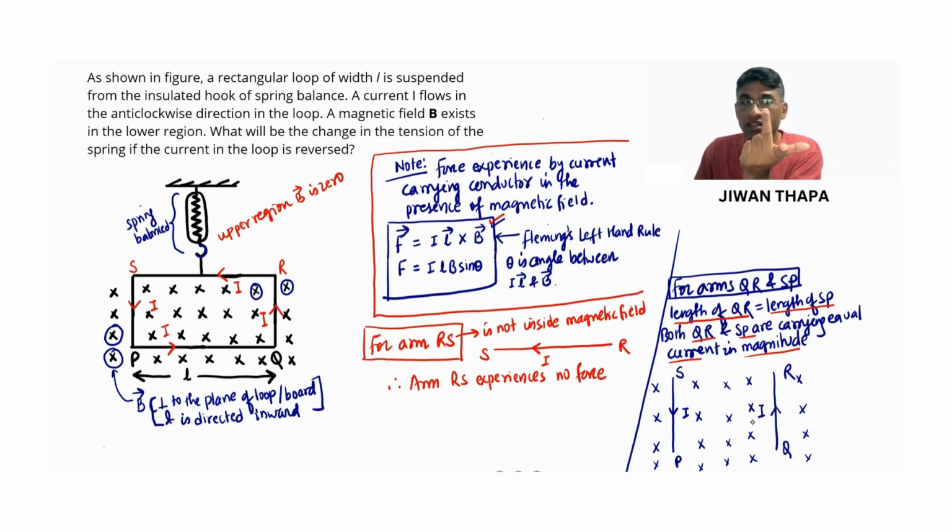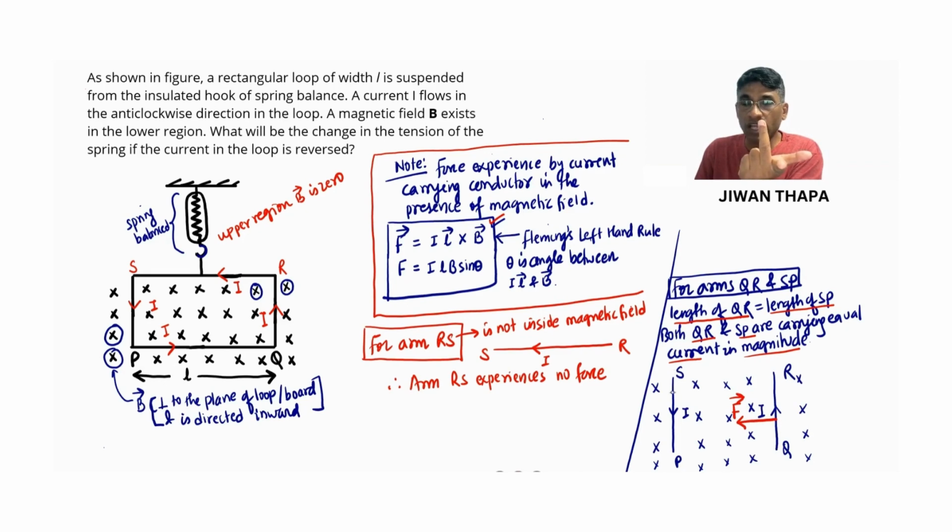So arm QR will experience force in this direction. Clear? The first finger points along the magnetic field, the central finger points along the current, and the thumb gives the direction of force. So force experienced by QR is along this direction.